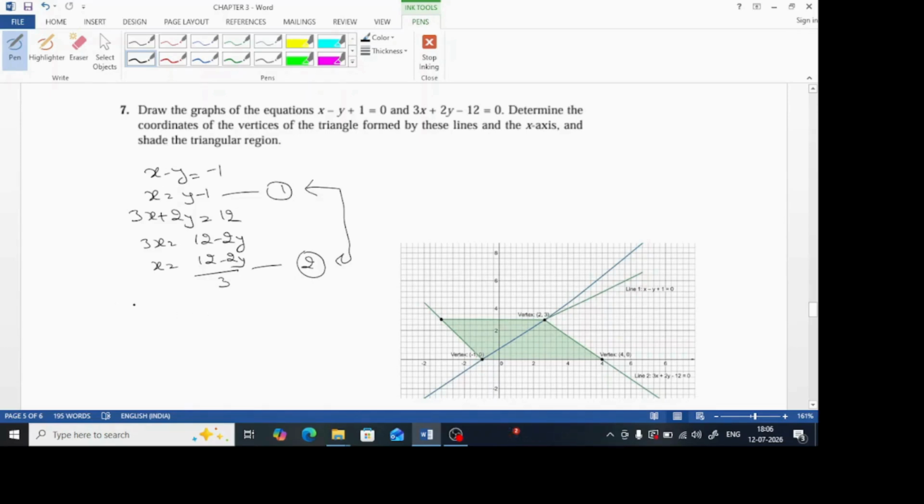So the triangle's vertices are (2, 3), (-1, 0) and (4, 0). With this we conclude exercise number 3.1.